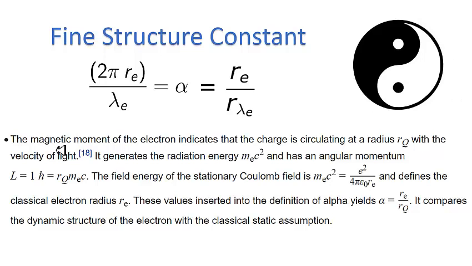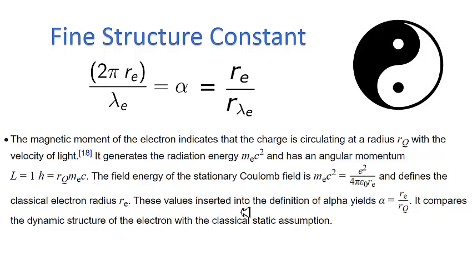Here it says that this radius rq has the velocity of light, and it generates the radiation energy of mc squared. So basically it's related to the energy of the mass of the particle and has angular momentum.